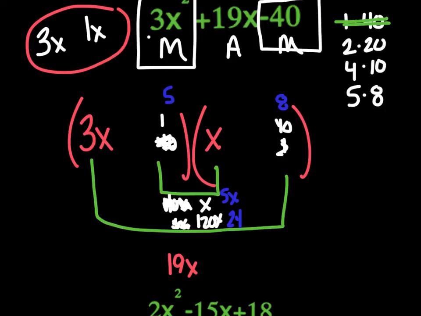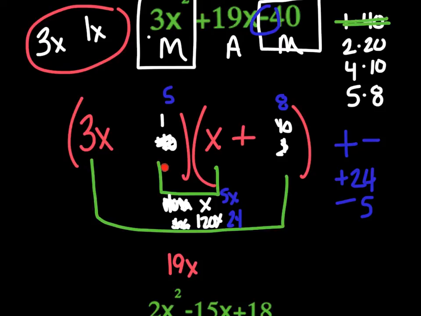Now we have to make sure the signs work. Because I wanted a negative 40, I need different signs. Are you going to use different signs to get your 19? Well, of course. You want a positive 24 and you want a negative 5. So now just make sure you put the signs on the right place. If I want a positive 24, these two have to multiply to the positive, so my plus sign must go there to get a positive 24x.